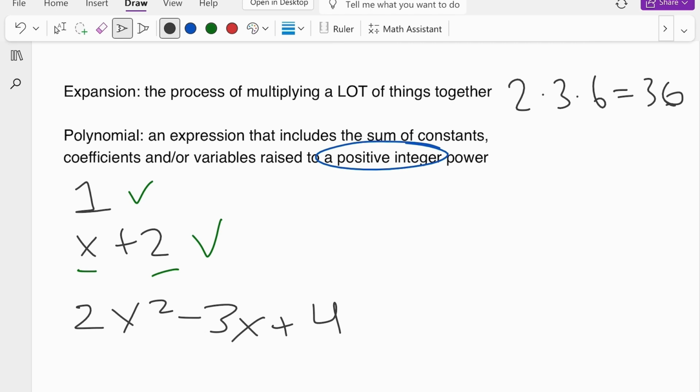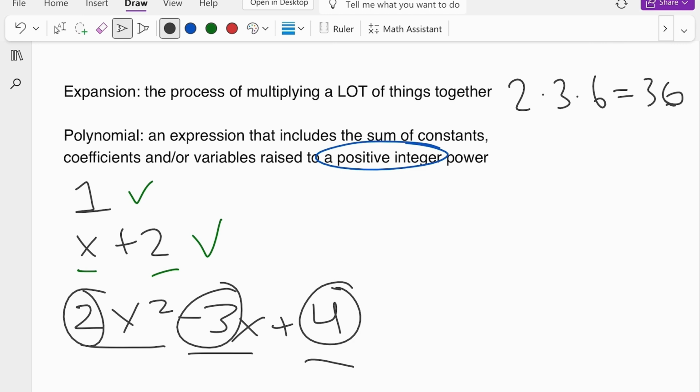Well, this is technically a sum of many different things. We have 2x squared, and then technically we're adding negative 3x, and then we're adding 4. And we have coefficients, and we have a constant, and we have variables raised to a positive power. So yes, this is a polynomial.